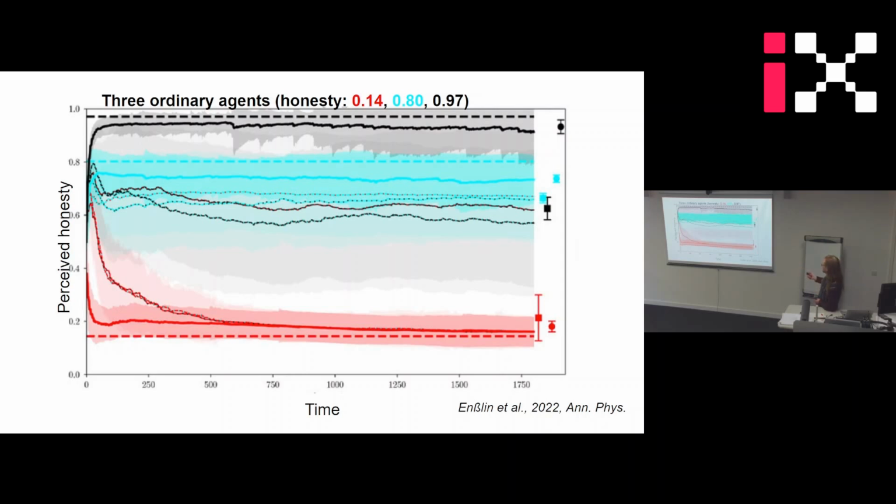And this is actually a social phenomenon that you observe, the so-called Cassandra effect, that ironically the most honest person in the room is perceived as being less honest than, say, the one that is kind of in the middle range of telling the truth, because you have this liar down here. So the liar is destroying the reputation of the black one, even though the others know that it's a liar.